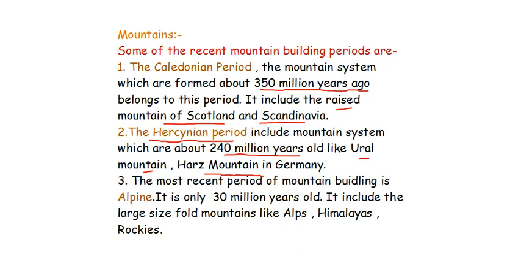And the last one, which is the most recent period of mountain building, is called the Alpine period. It is only 30 million years old. It includes large size young mountains like Alps, Himalayas and Rockies.